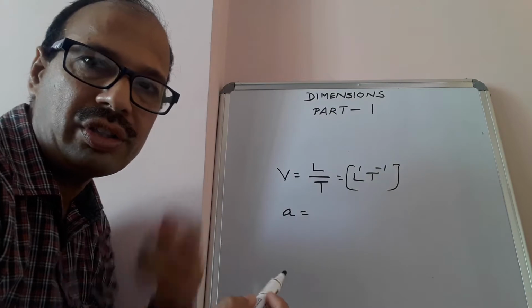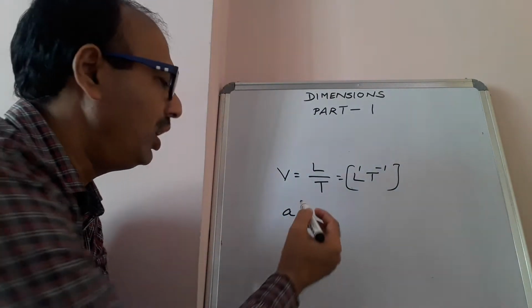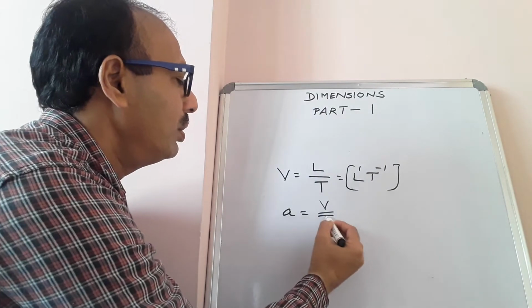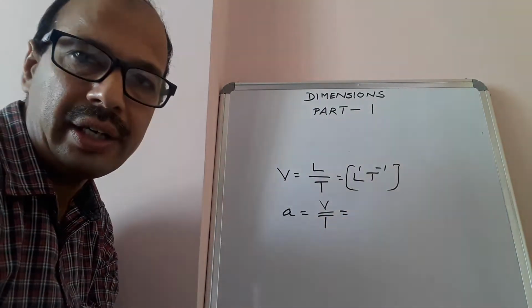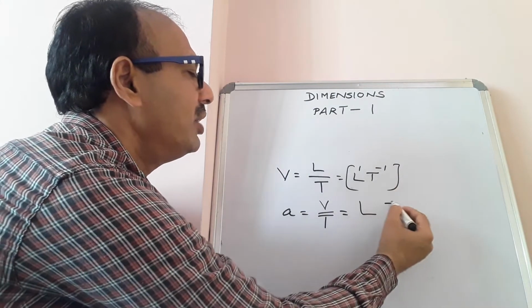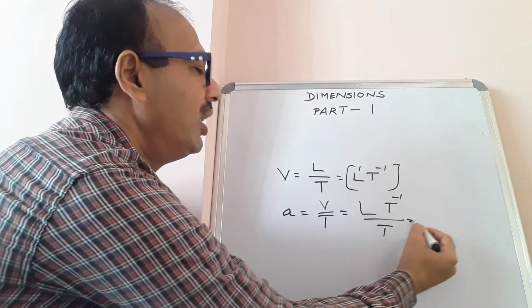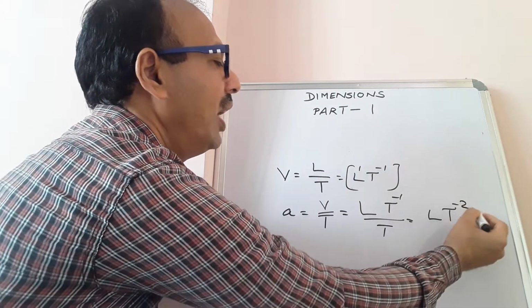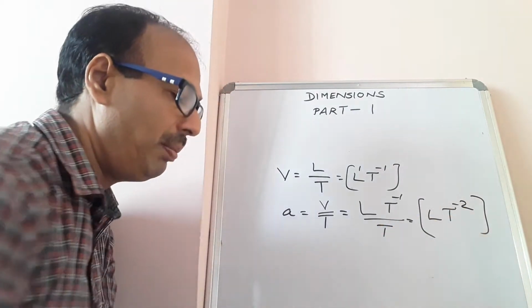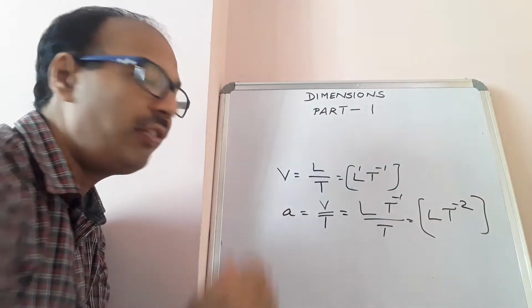If initial velocity is 0, change in velocity will be final velocity only. So velocity by time. The dimensional formula of velocity, just now we had seen, is L t power minus 1 by t. So as a whole we will write L t power minus 2. This is the dimensional formula of acceleration.